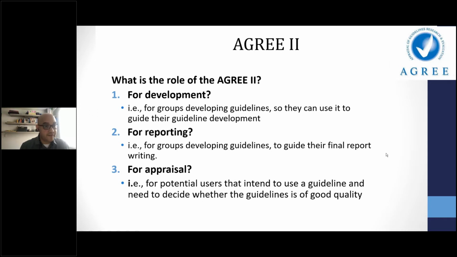AGREE is for development, as I told you before. That means for groups who are developing guidelines. People who are developing a guideline can follow everything AGREE recommends for reporting. It is also useful for people who have just finished their guideline and are trying to finalize the final guideline document or paper, as a good guidance and a way to help them report that final document.